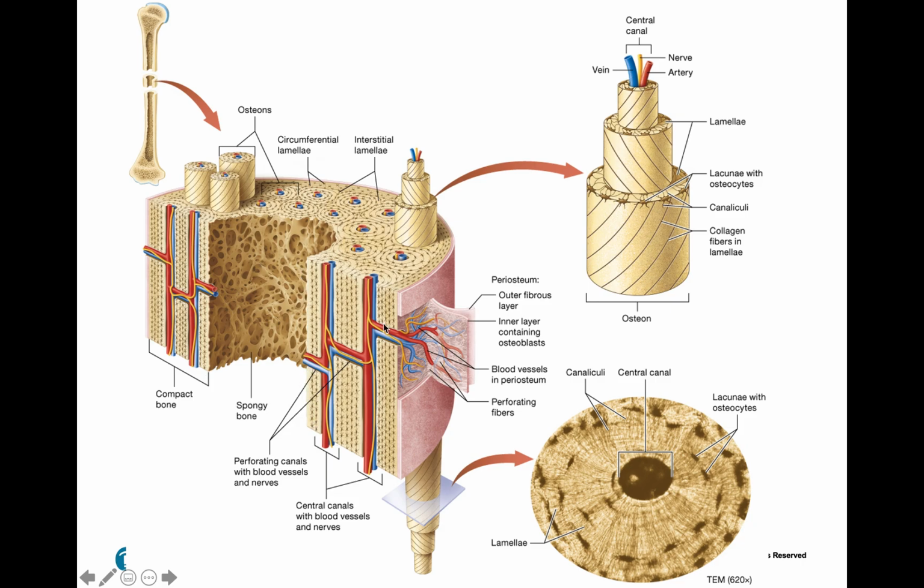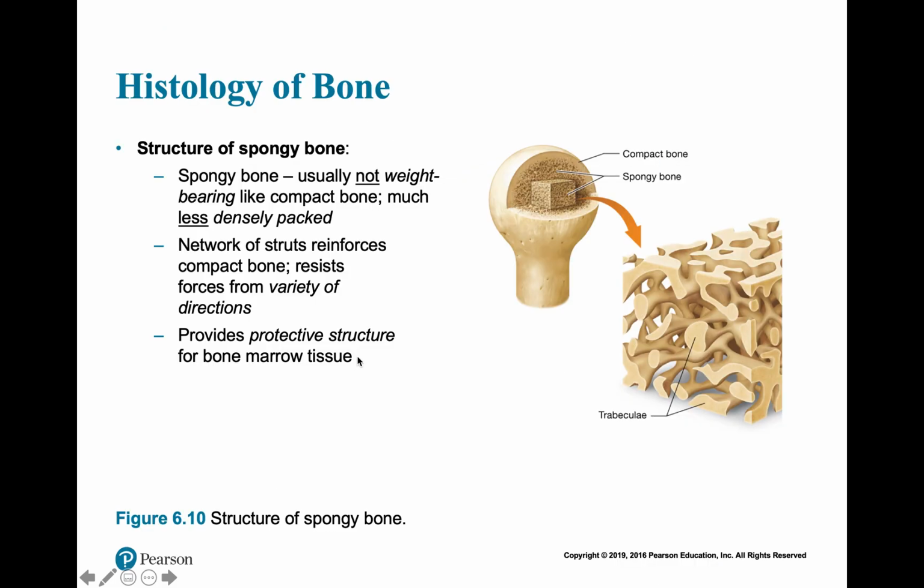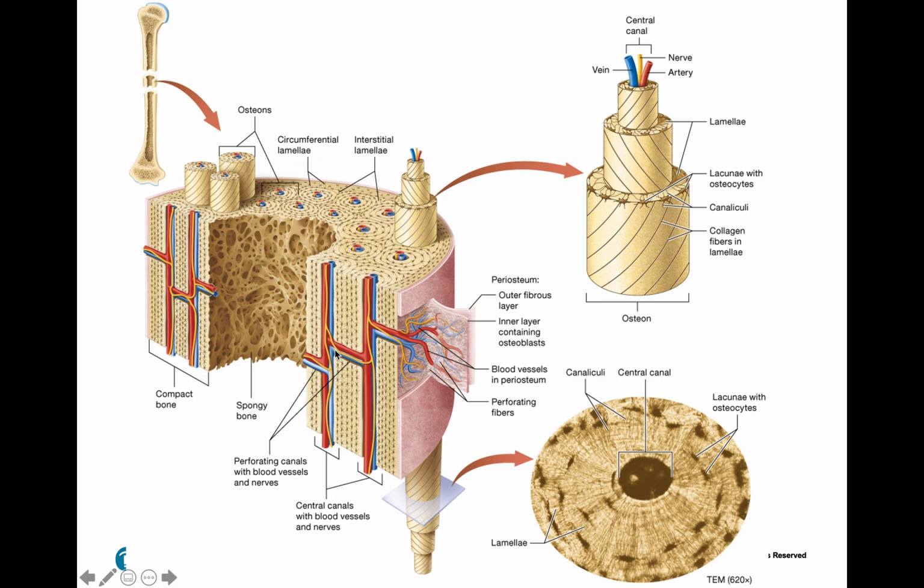And look, blood vessels go through these perforating canals and then branch off into this central canal. So they allow for the supply of blood vessels and nerves throughout the bone.